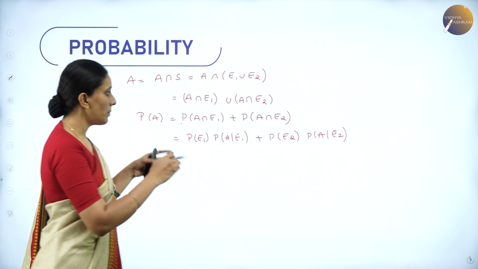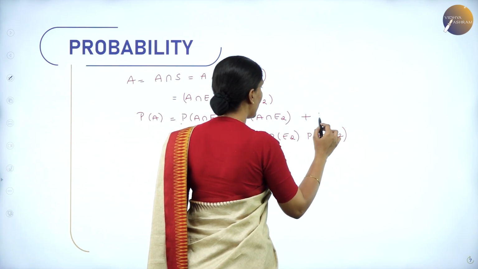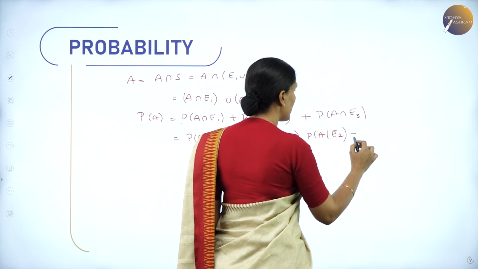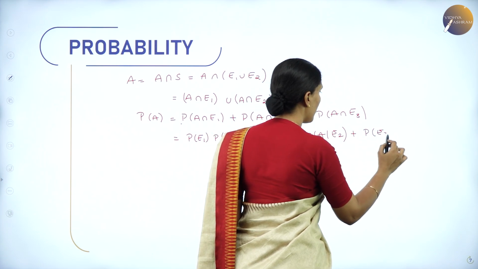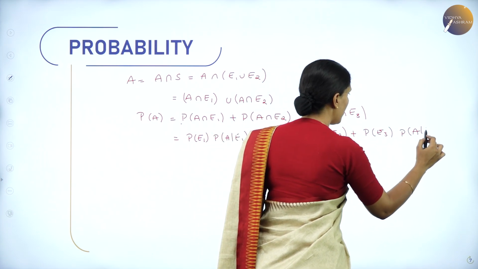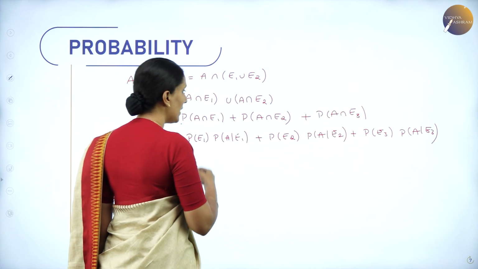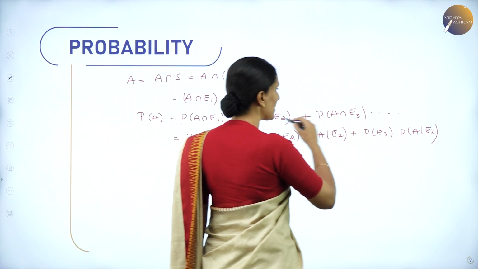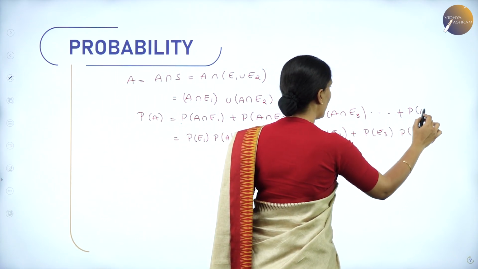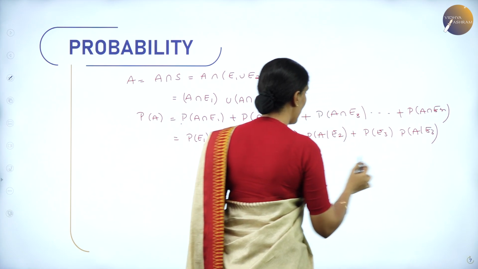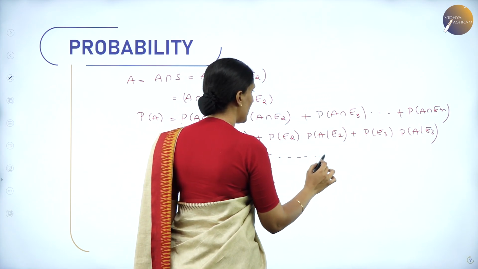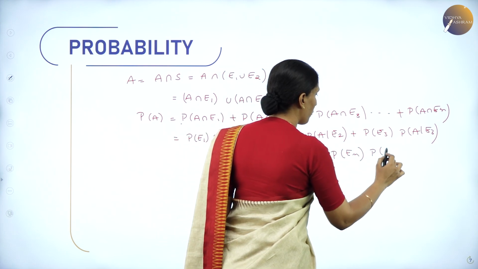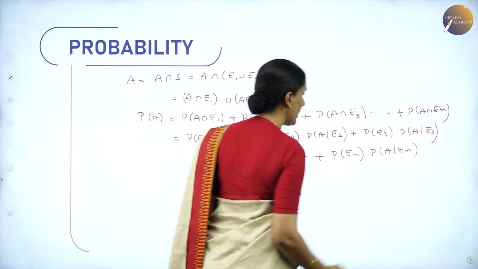Similarly, this concept can also be extended if we have three events, like E3, then the same thing is repeated here: probability of E3, probability of A given E3. So if we extend it until n number of events in the partition of a sample space, then the last one will be probability of A intersection En, and hence it extends until the last event, probability of En, probability of A given En has already happened.